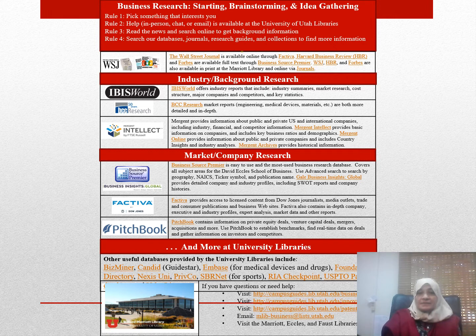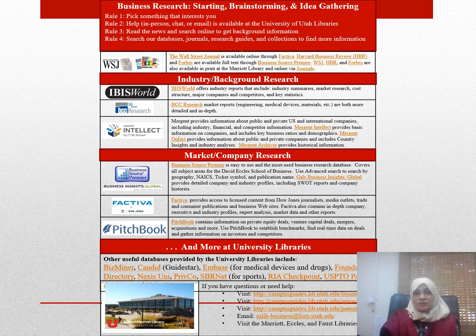Different databases are listed here, including BCC Research, Factiva, PitchBook, and many more. So what is required for you? You need access to this poster, which is available through Merit Library.